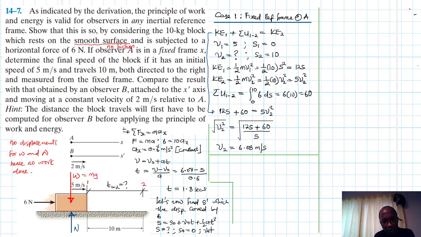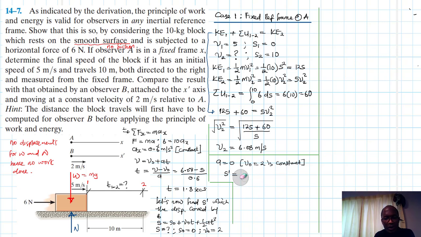V naught here will be equal to 2, and a is equal to 0 because v naught equal to 2 is constant. Therefore, s prime will just be equal to v naught, which is 2, times the time.